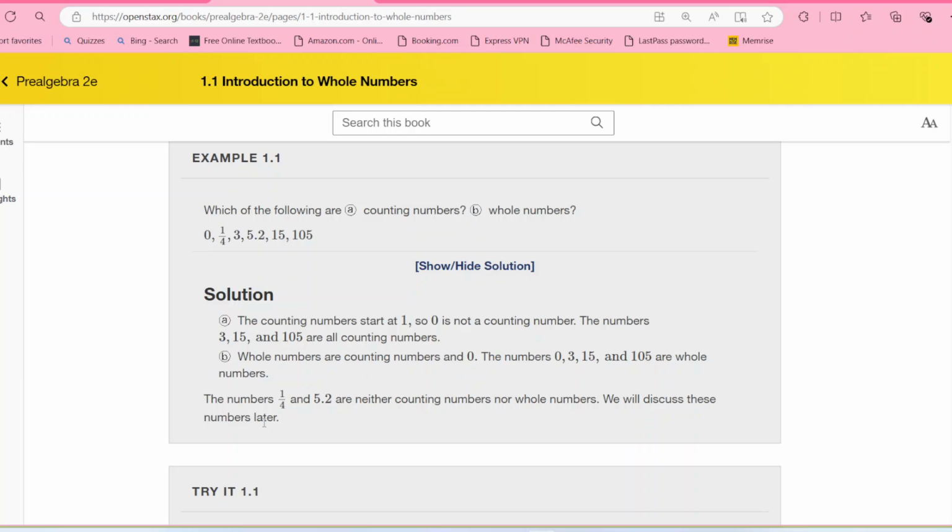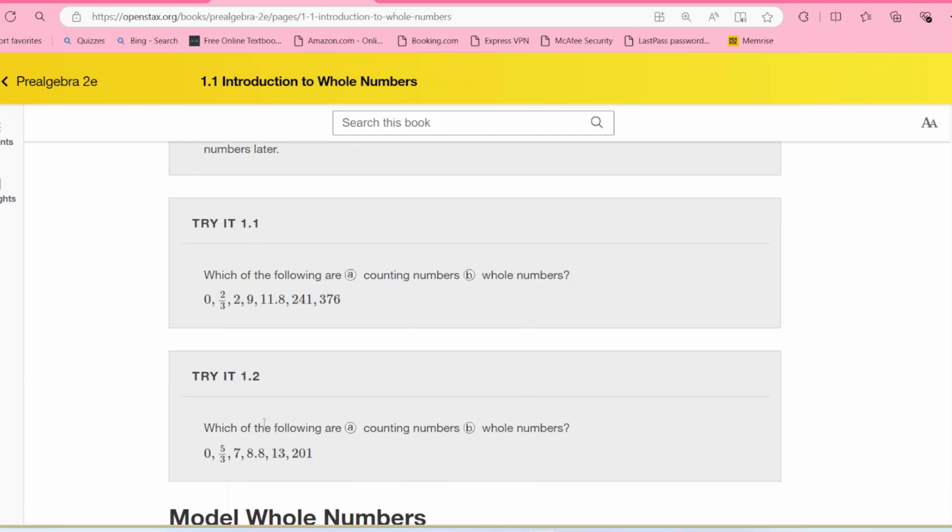Then after this example 1.1, throughout this text, you're going to see these try it problems. I would highly recommend that while you watch me do these videos, pause the video and try to work out these problems on your own first before you watch me do them.